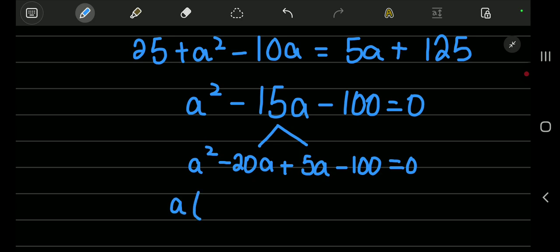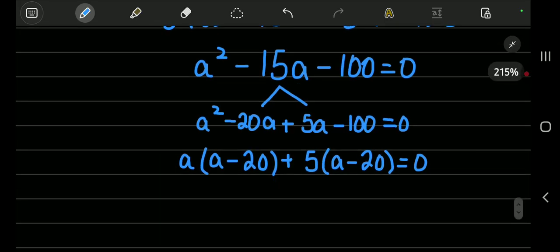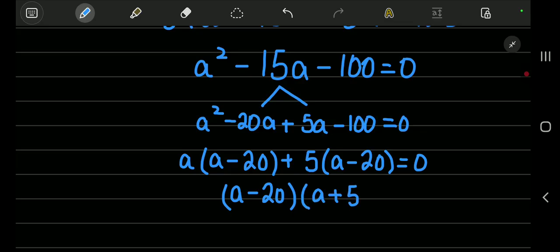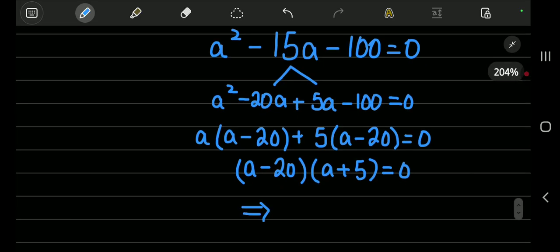So a times (a minus 20) plus 5 times (a minus 20) gives you (a minus 20)(a plus 5) equals 0. So this implies a equals 20 or a equals minus 5.